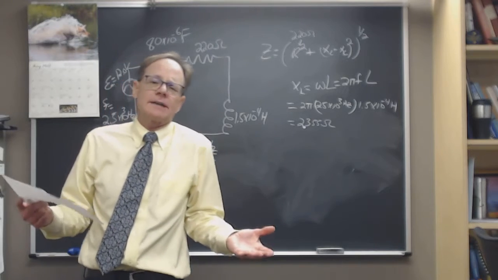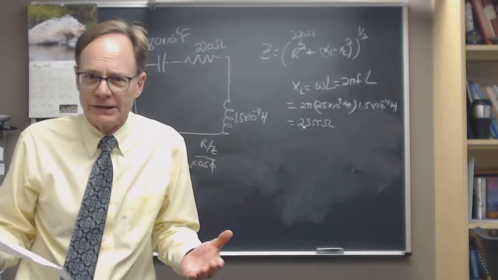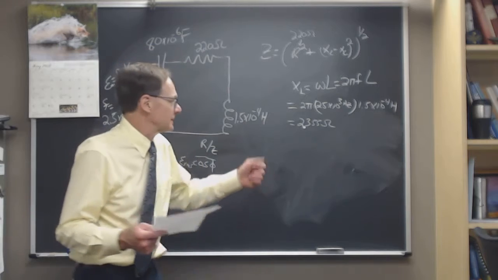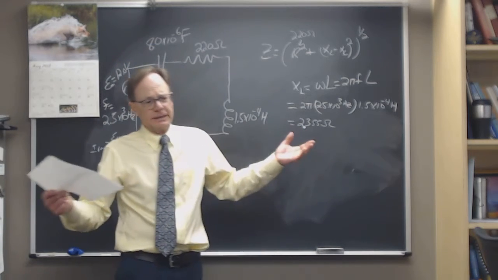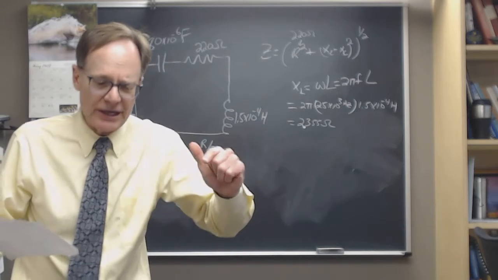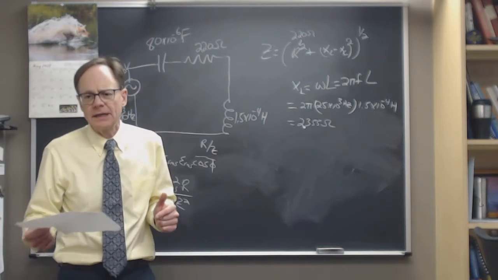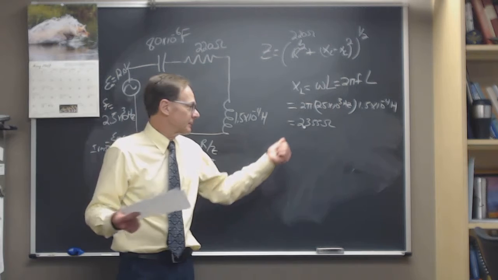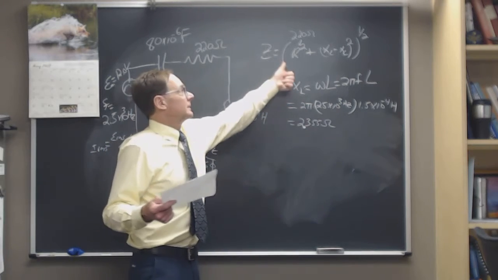Relative to the fact that your inductive reactance could be any value, inductors don't like change, so if you had a very high frequency, this reactance is going to be enormous relative to this 220.